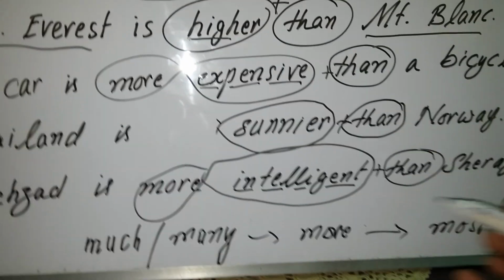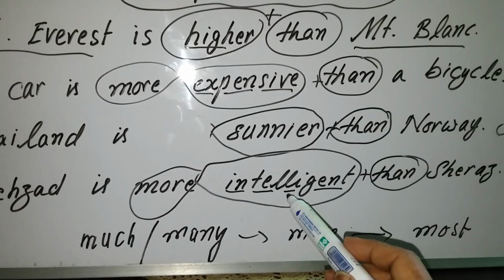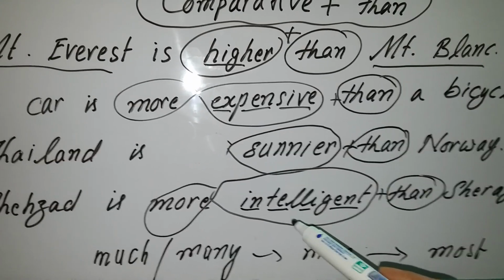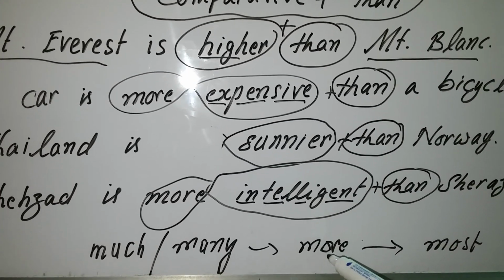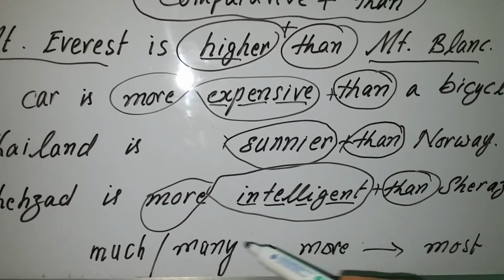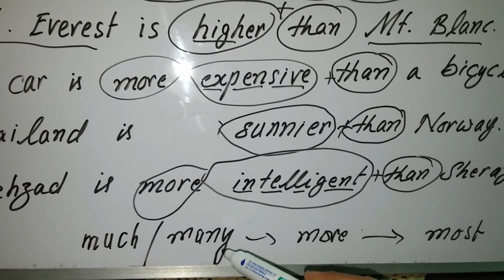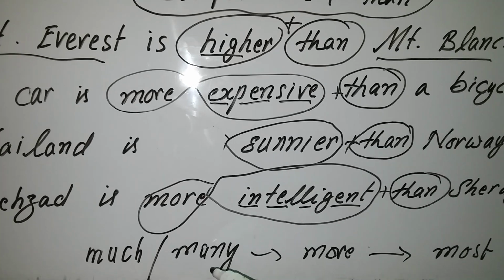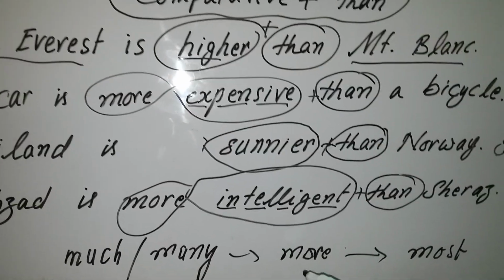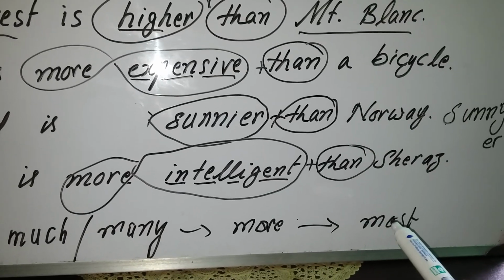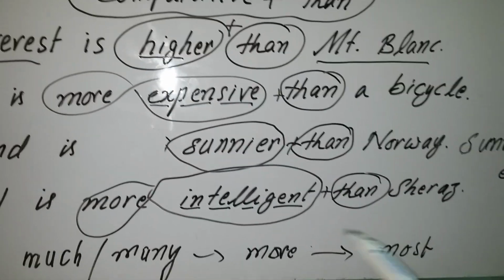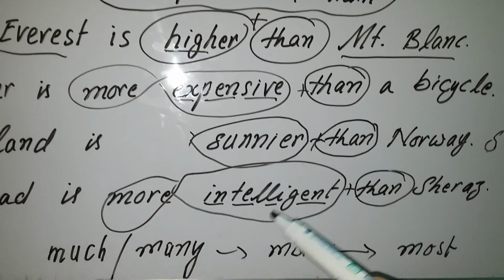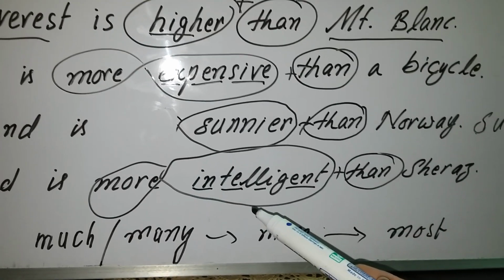So when we use more before a simple adjective, it means we have converted it into second degree, because more is the second degree of much and many. Much and many are the first degree of adjective. More is the second degree of adjective. Most is the third degree of adjective. So whenever we use more before a simple adjective, it means we have converted it into second degree.